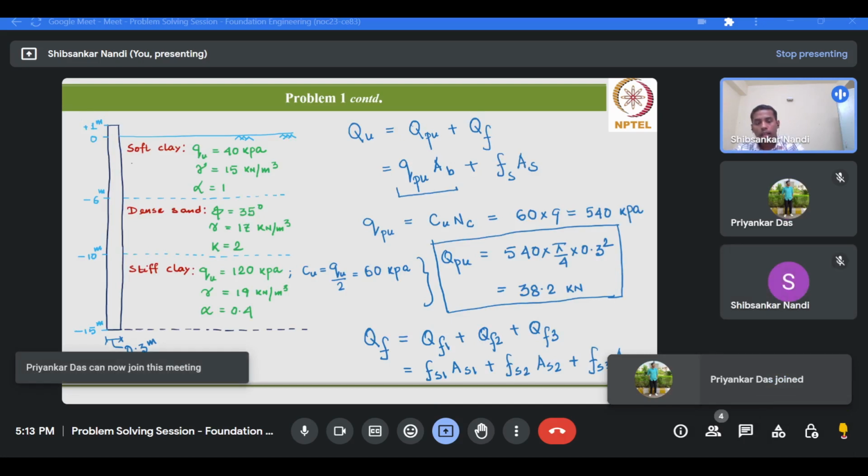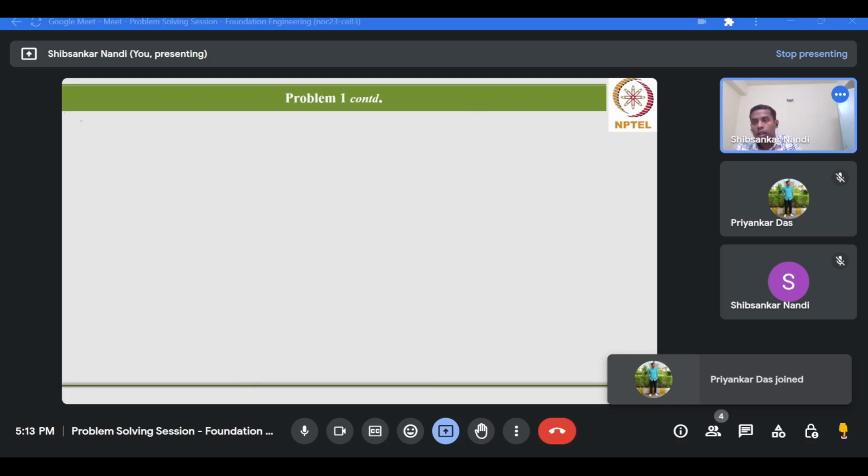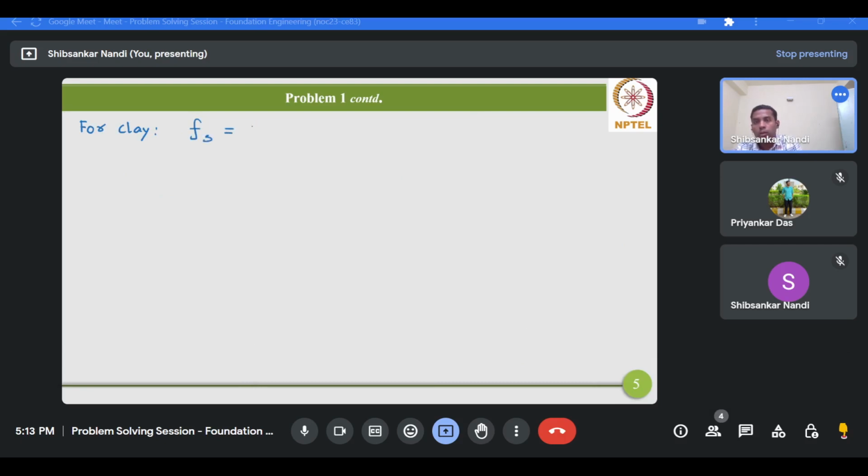So for clay, Fs you can calculate using this formula, alpha Cu. Okay, and for sand, this Fs you have to calculate using this formula, K times sigma v average prime times tan delta.